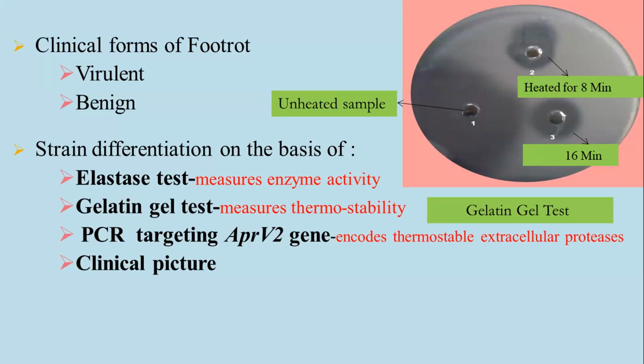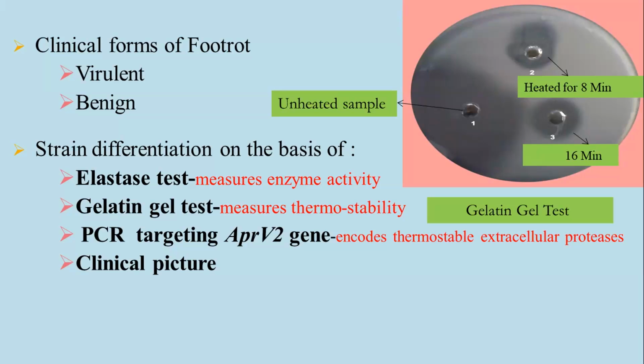We inoculate the bacteria in the broth and grow them for 48 to 72 hours, then we heat the broth culture for 8 minutes.